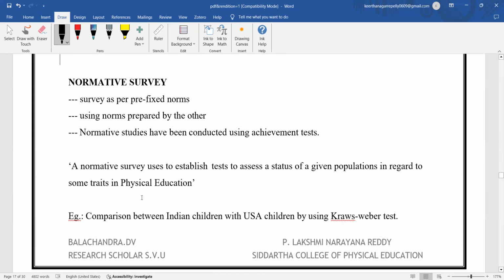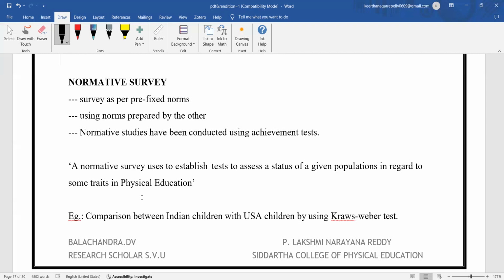So a normative survey is nothing but there are certain norms that you take, and you select a sample and try to judge the population depending on those particular norms. Let us take the best example given up here: comparison between Indian children and USA children by using the Cross-Weber test.